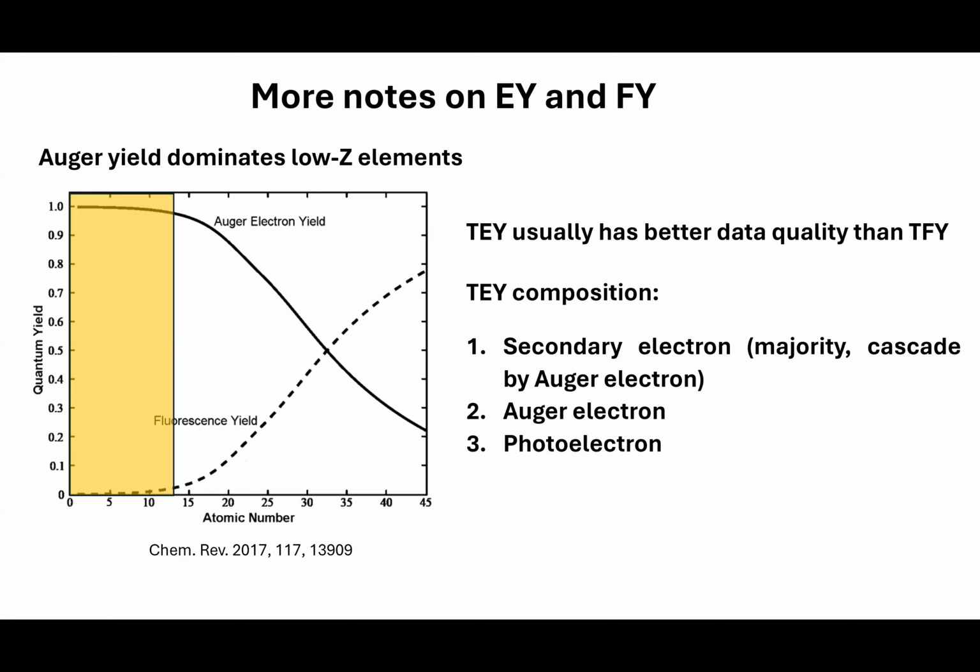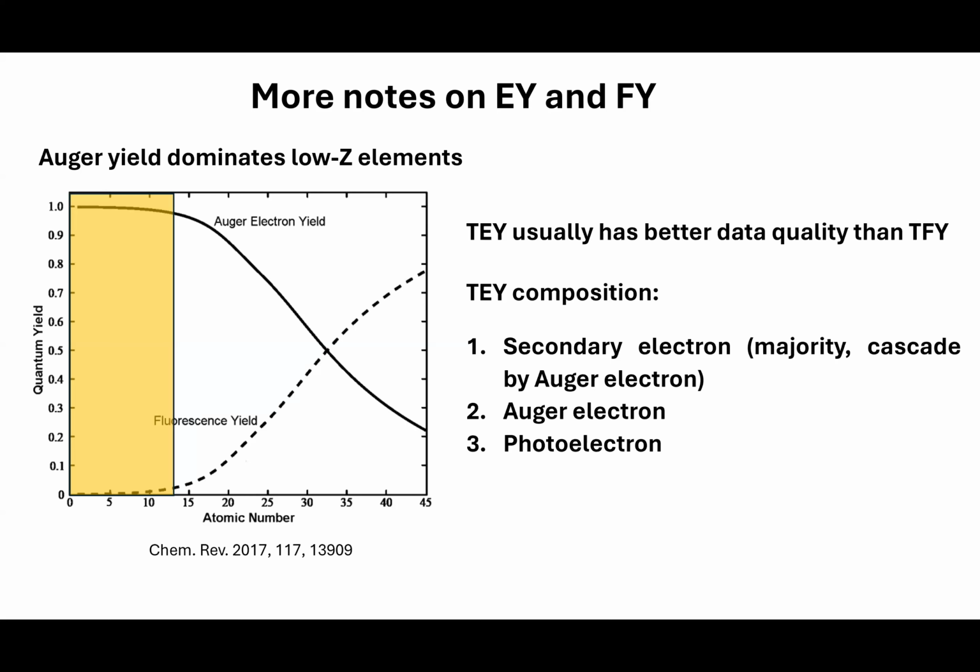But that kind of comparison should be made only between close atoms in the periodic table. For example, I cannot make a comparison between oxygen and nickel. They're too far apart. They have totally different probabilities of fluorescence, so that comparison doesn't really make any sense.